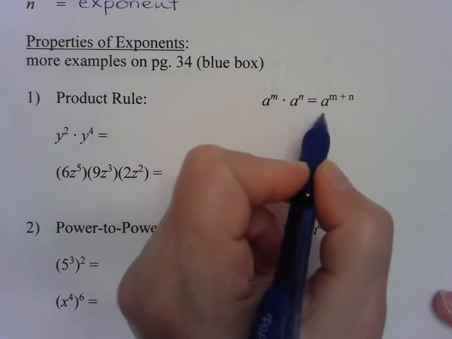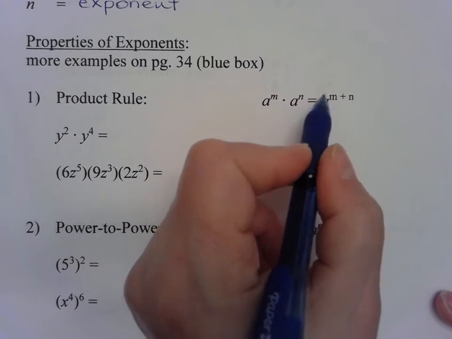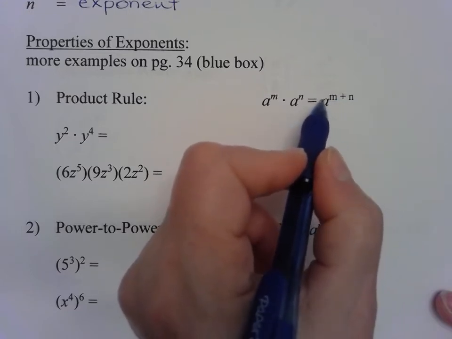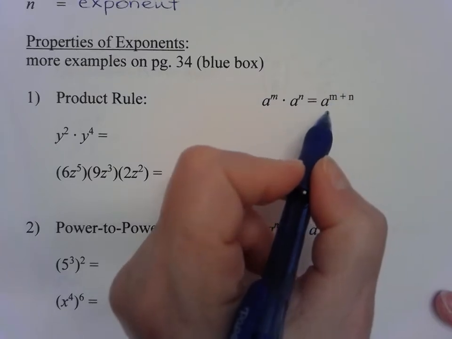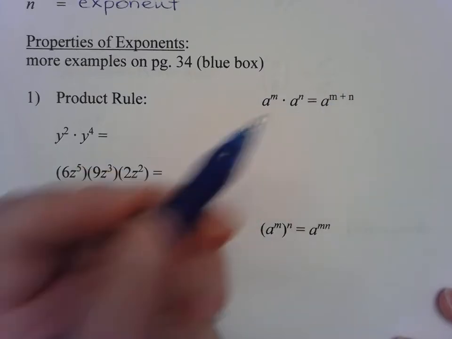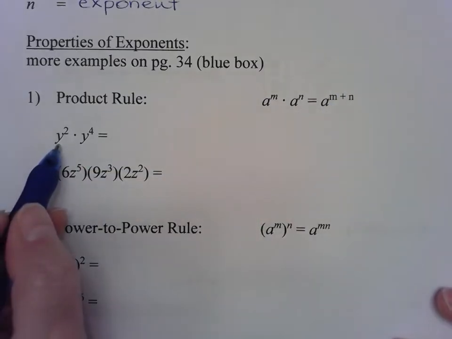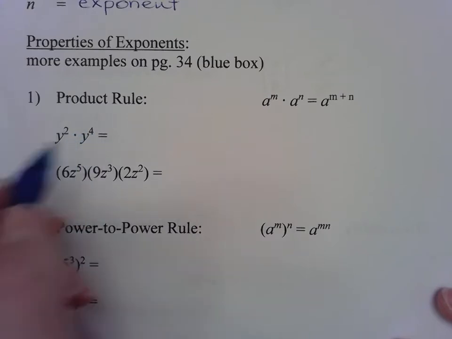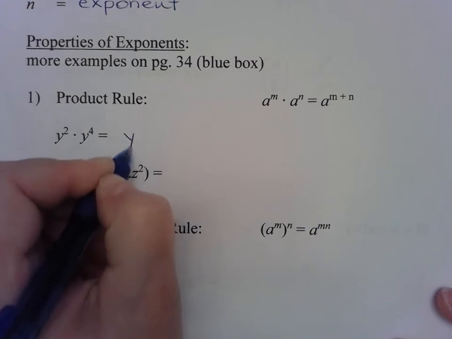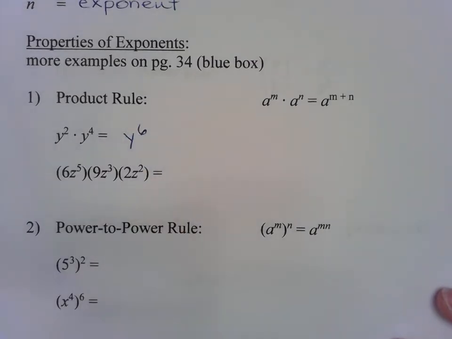And I'm just going to combine them into one stack. And the exponent is going to tell me how many I have in total. Since I'm totaling them up, I'm going to add in that case. Right, so I have 2 y's in this stack, 4 y's in this stack. If I put them all together in one stack, I'm going to have 6 of them, right? And I add the exponents to do that.